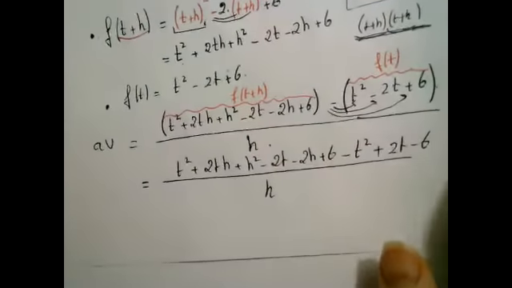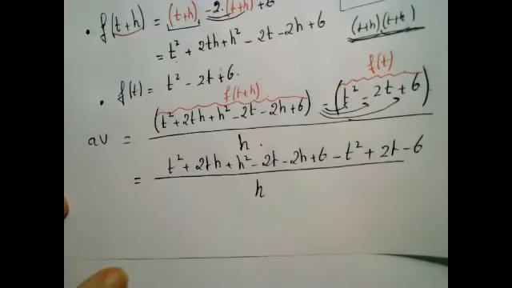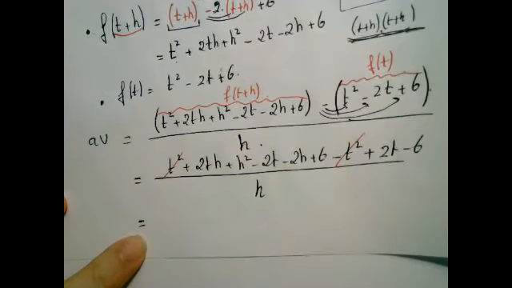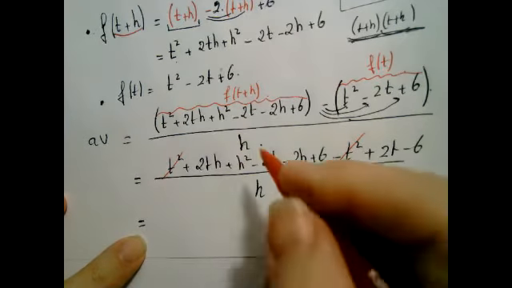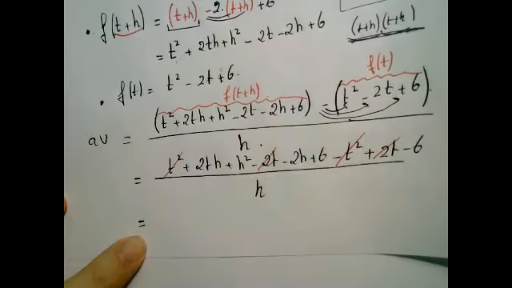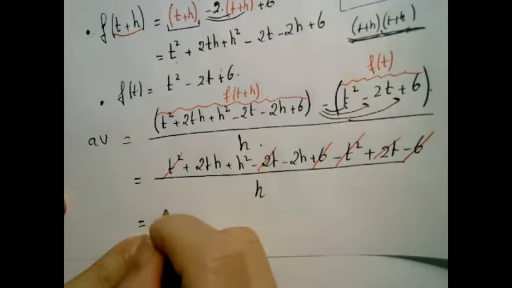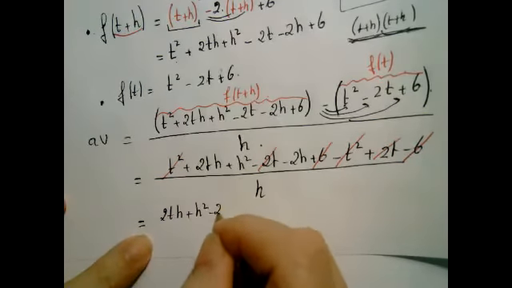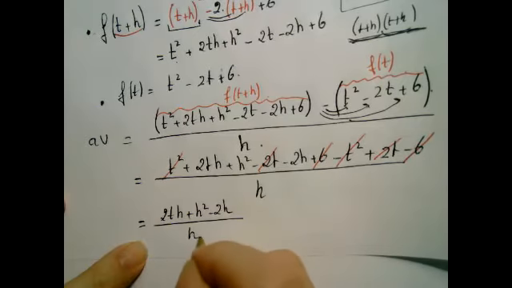Okay, and then the rest we're going to collect like terms and combine. T squared minus t squared, they go. Other things cancel out. Plus 2t minus 2t cancel out. Plus 6 minus 6 cancel out, and there is nothing else that cancels out. So I will have 2th plus h squared minus 2h divided by h. Okay.